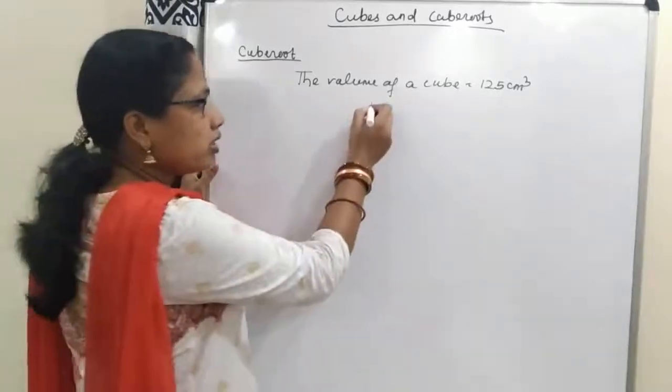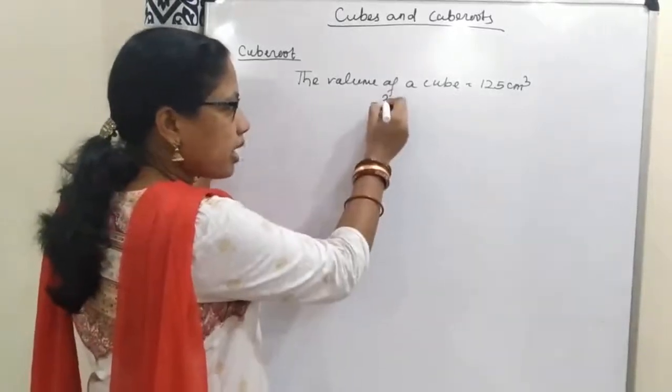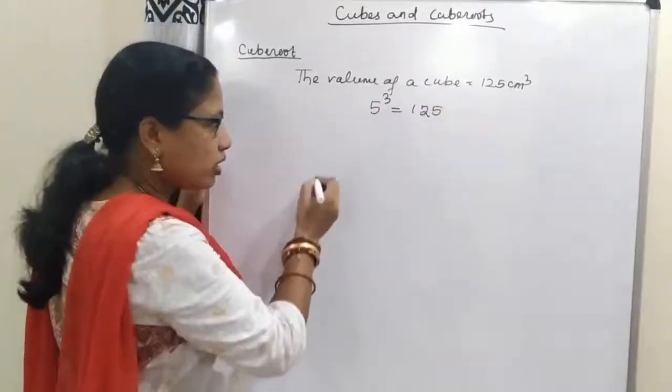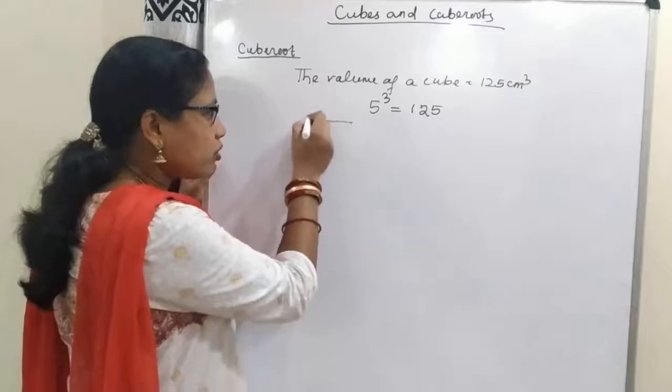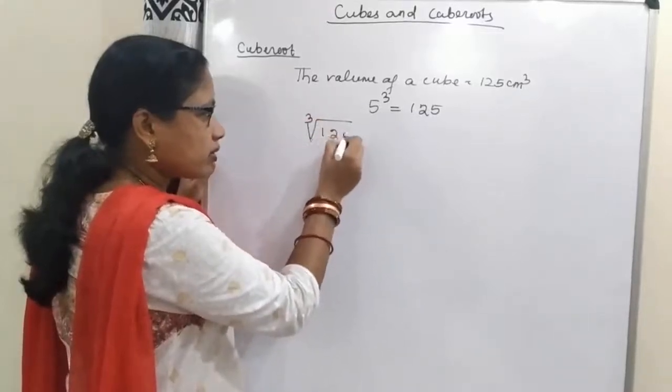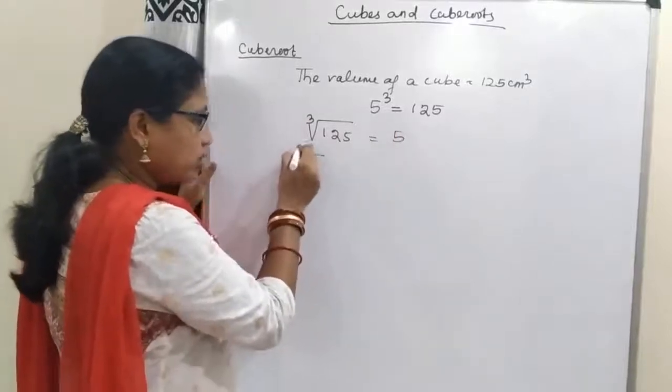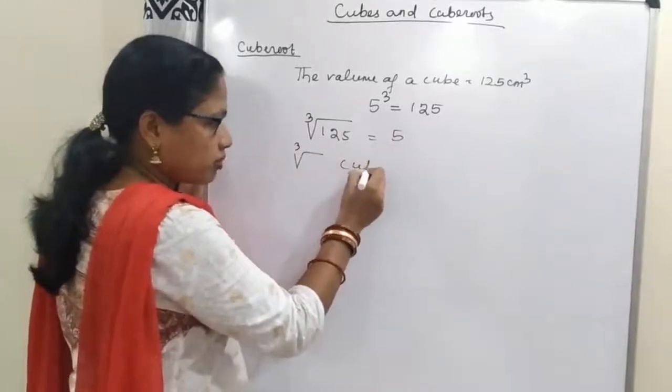That number is 5. So 5 cube is equal to 125. Here we can write that the cube root of 125 is equal to 5. This symbol is known as the cube root symbol.